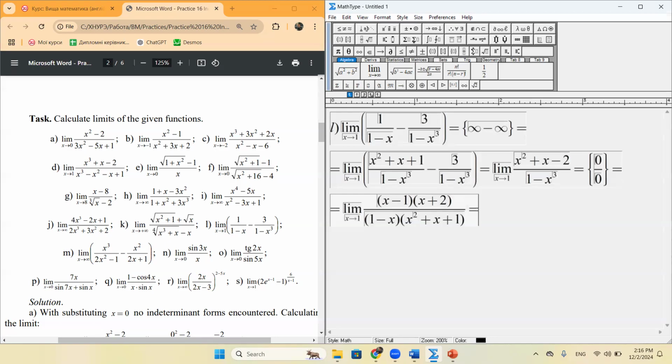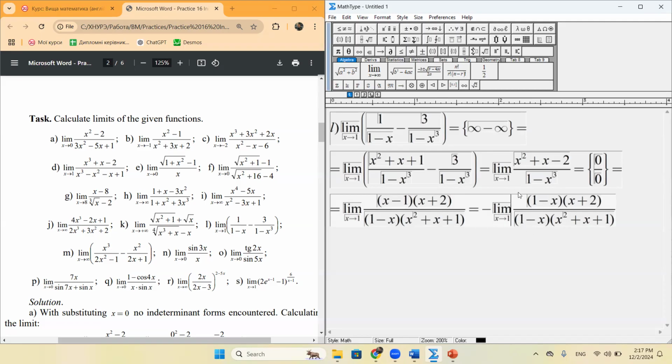And now we can reduce these brackets, but be attentive to signs, because as you see, here we have different signs. So here x minus 1 in the numerator, and in the denominator 1 minus x.